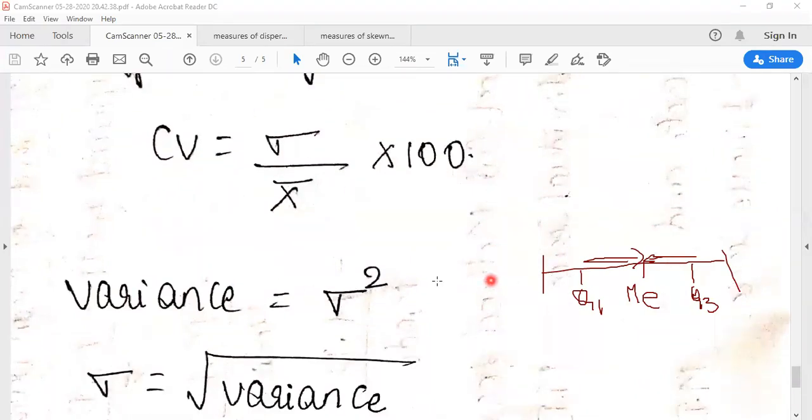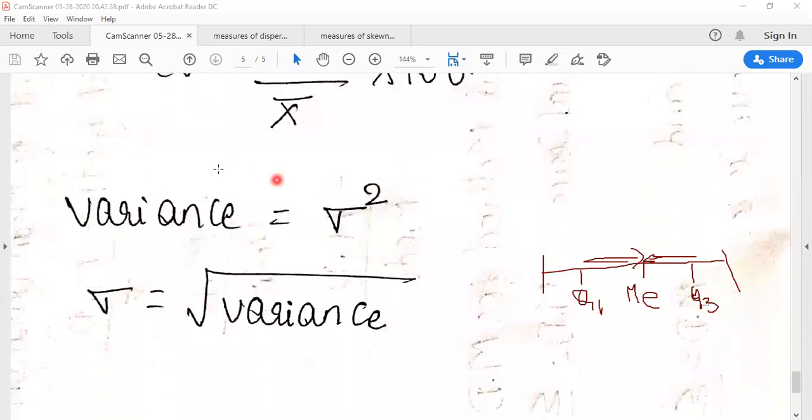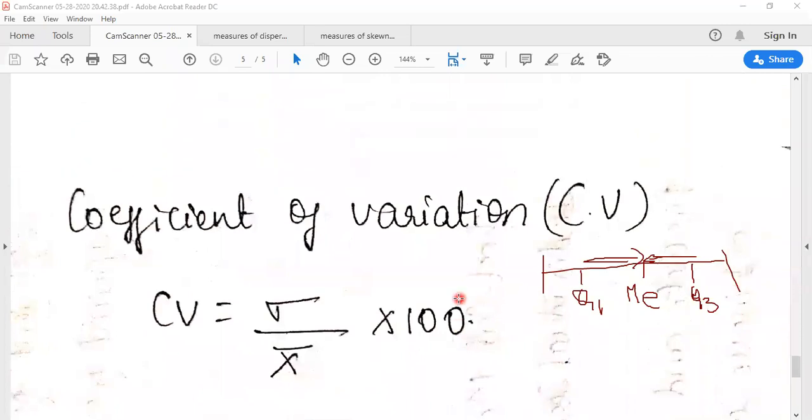And then you have variance. Here variance is another measure along with the standard deviation. Variance is nothing but standard deviation square, or if you want to find the standard deviation, please find the square root of variance. So this formula also you're supposed to remember. The part of skewness in the syllabus is relatively small, where you will be able to solve a few problems.